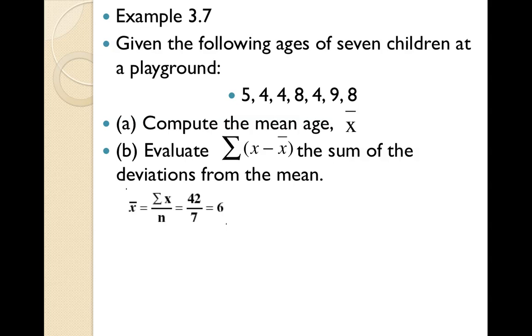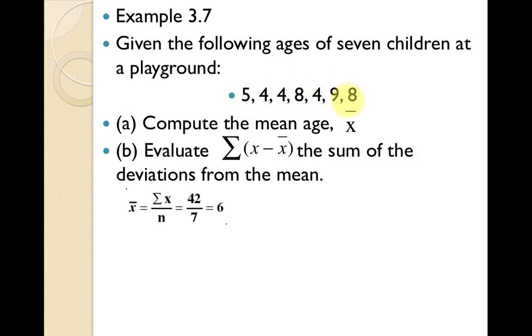Now, to calculate the sum of the deviations from the mean, we have to first recognize what a deviation from the mean is. X minus x bar is a deviation from a mean. Each of the values in the sample is considered a value of x. So 5 is the first value of x, 4 is the next, then 4 again, 8, 4, 9, and 8.